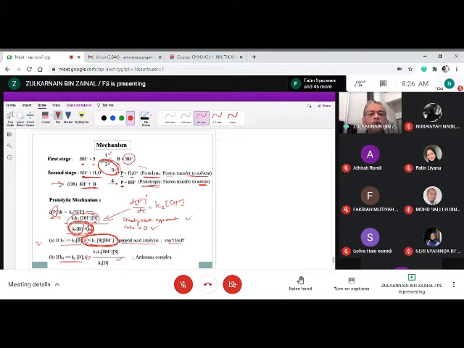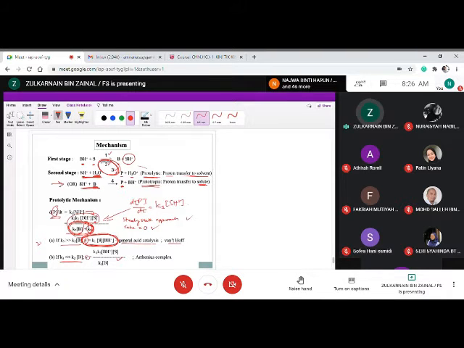Okay, so prototropic is when a proton is transferred to the solvent, as you can see from here. So if the solvent is water, in this case, of course, in the case of acid-base catalysis, all the time we are using water. But the proton can also be transferred to the solute, in this case written as B, for example.